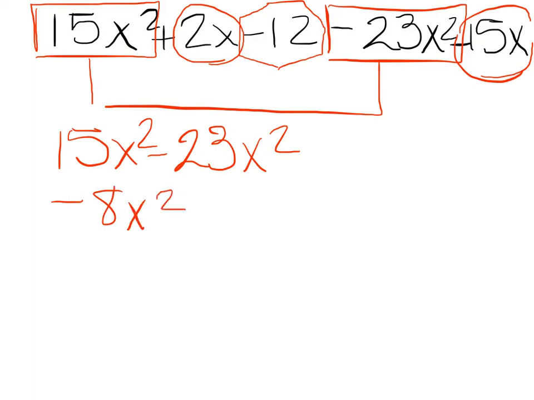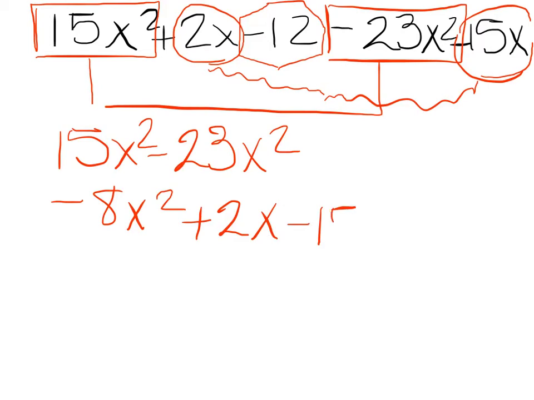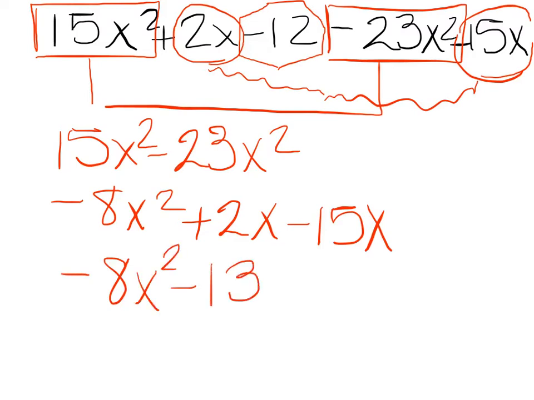Next thing we're going to do is combine our 2x with our -15x. And so we're going to have +2x minus 15x. And +2x minus 15x is going to give us what? -13x. So now we have -8x squared minus 13x.